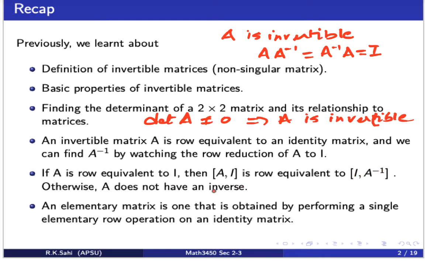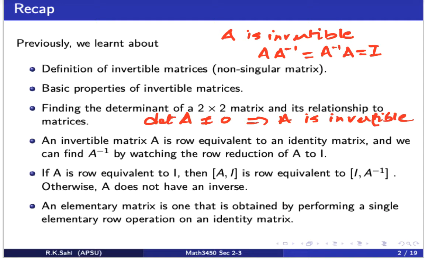Otherwise, if this is not happening, A will not have an inverse. And we also learned about elementary matrices. An elementary matrix is one which is obtained by performing a single elementary row operation on an identity matrix. So these were some of the things we have done earlier.